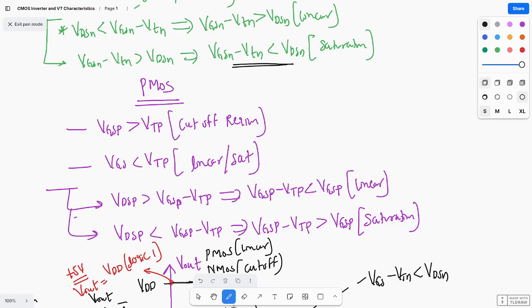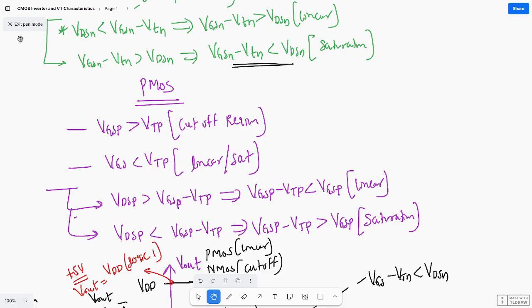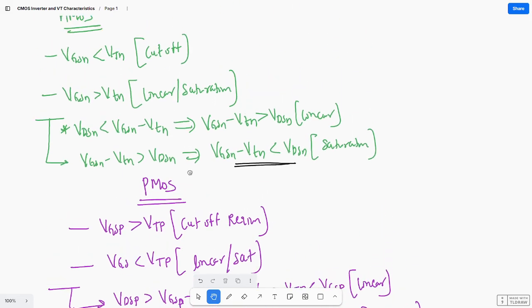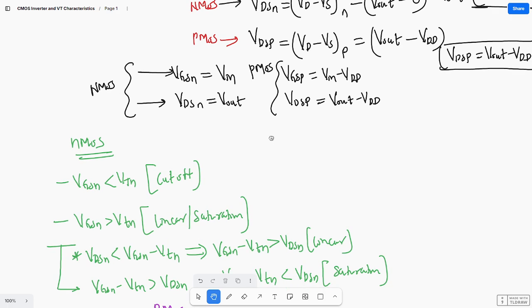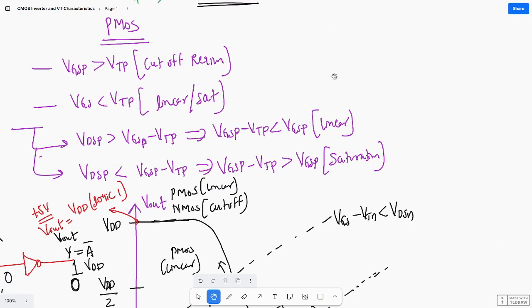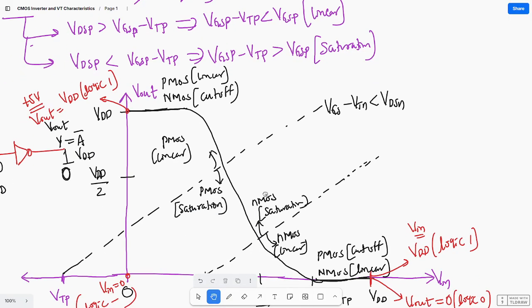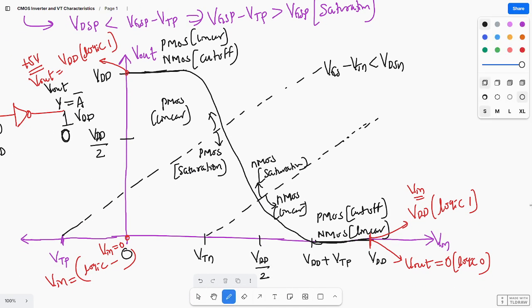From here, what is VGSN? VGSN equals V in, and VDSN equals V out. I am going to substitute that here. If you substitute, you get V in minus VTN is less than V out.